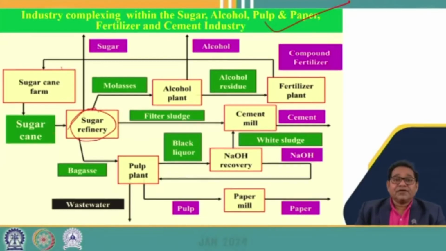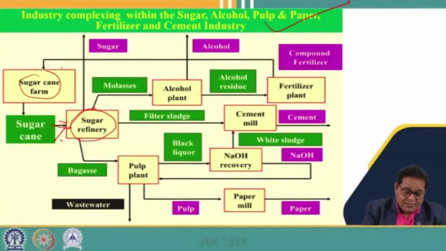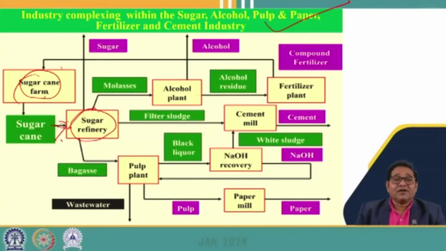So here, this is the sugar industry, which basically requires sugar cane as a raw material. This sugar cane comes from the agricultural field and is transported in the form of sugar cane to the sugar industries or sugar refineries.